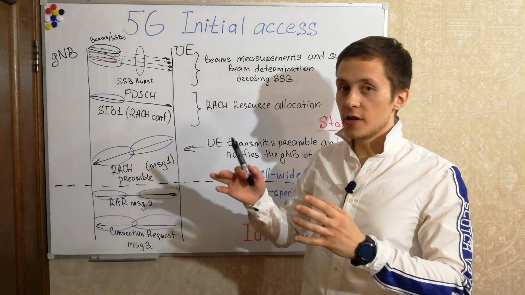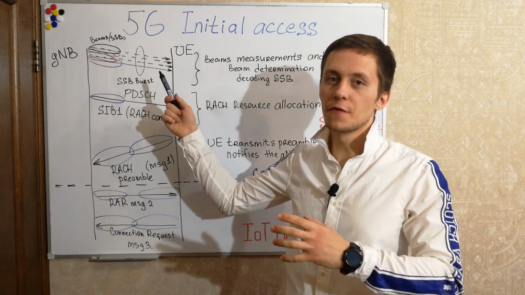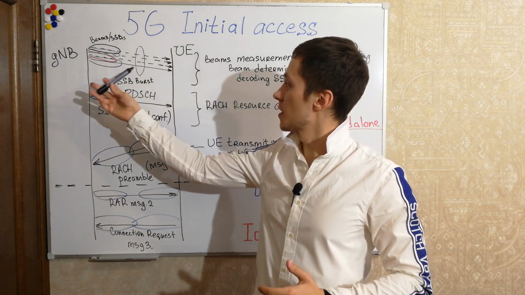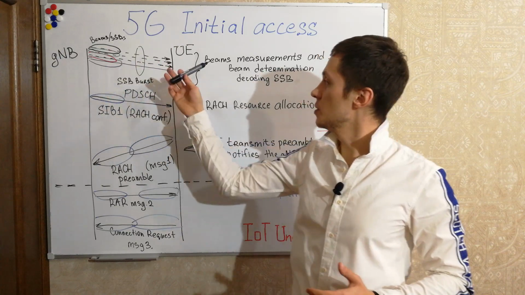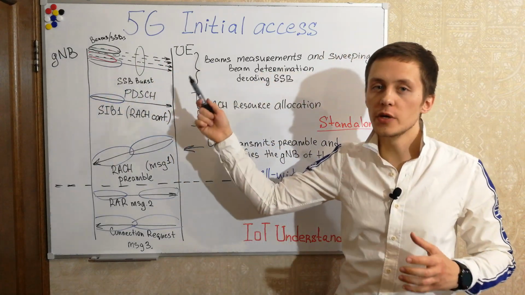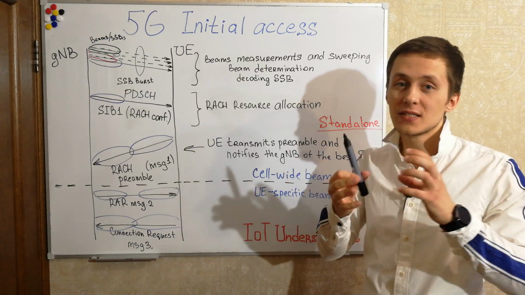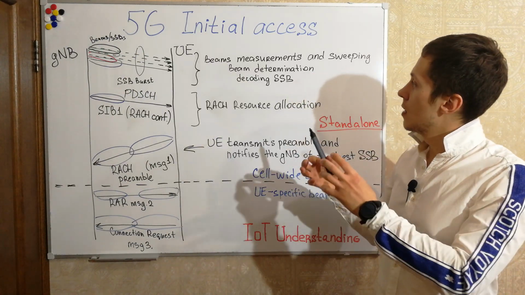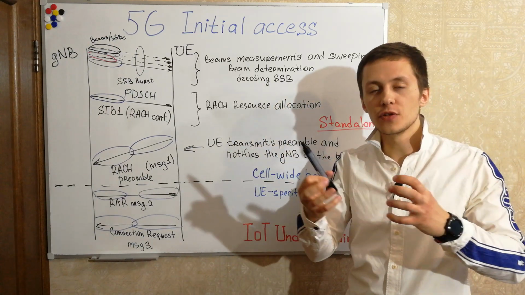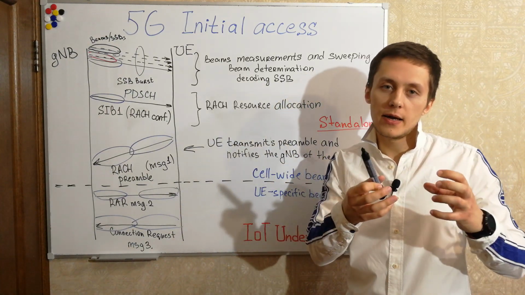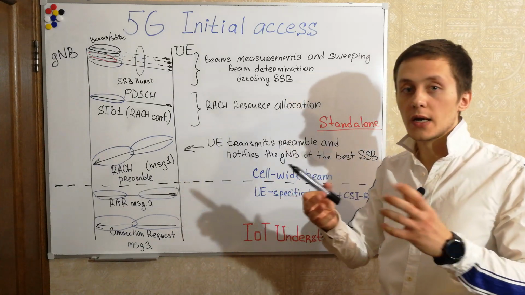As we already know, gNB sends different beams with different SSB blocks organized in SSB burst sets towards user equipment, and the UE tries to measure them and define the best beam by decoding SSB, by decoding demodulation reference signals and calculating RSRP, RSRQ levels.